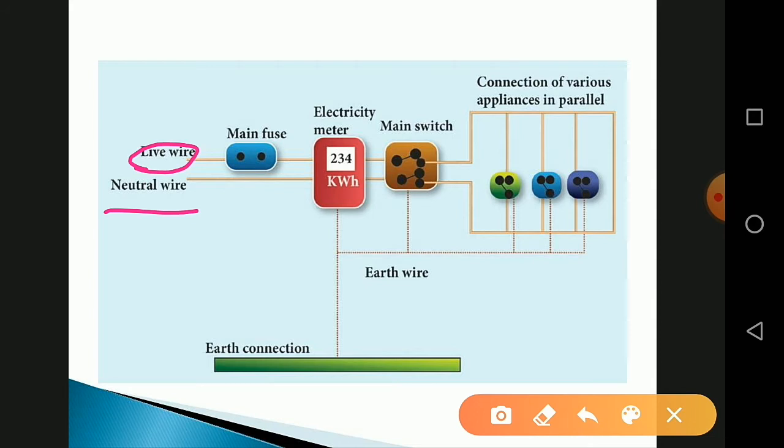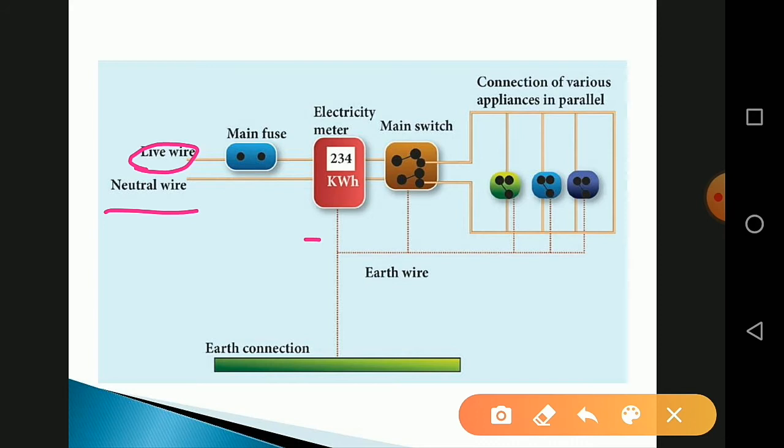The electricity supplied to the house is actually an alternating current having an electrical potential of 220 volt. Both the live wire and the neutral wire enter the box where the main fuse is connected with the live wire.